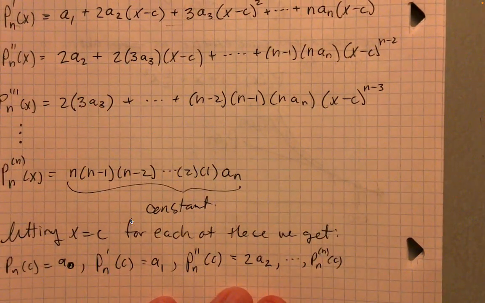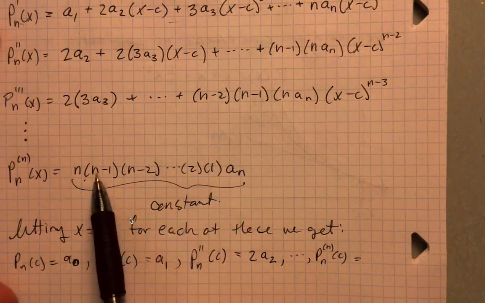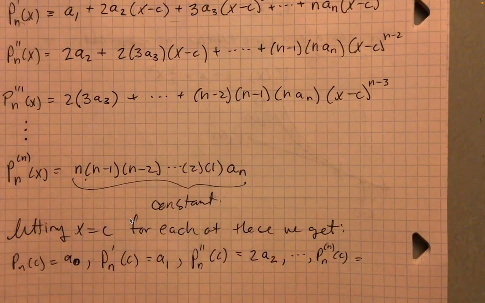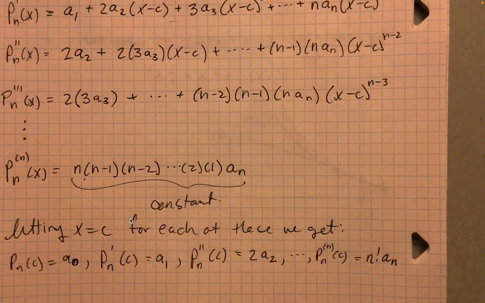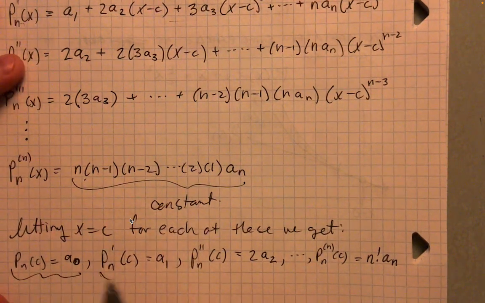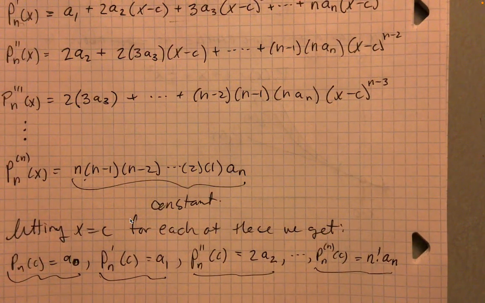Till the nth derivative of P sub n evaluated at c is going to be equal to basically this thing here, which is n factorial times a sub n. Okay. All right, so that's hopefully straightforward, right? So each of these is just a constant. And not only just a constant, but it's a very predictable constant.